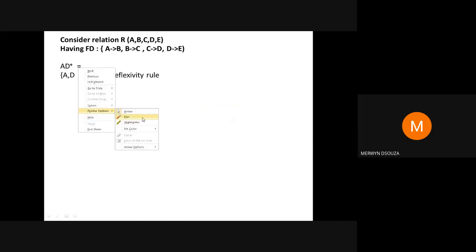Consider the same relation and the functional dependencies. Using this, we are going to find the attribute closure for AD. To start, you first include both the given attributes in the attribute closure set. Include AD in the attribute closure set using the reflexivity rule.